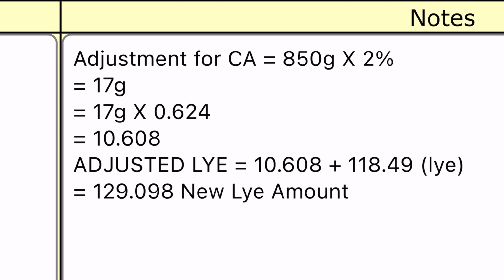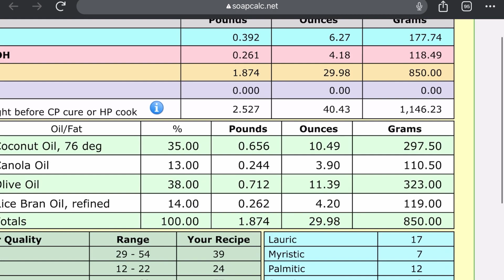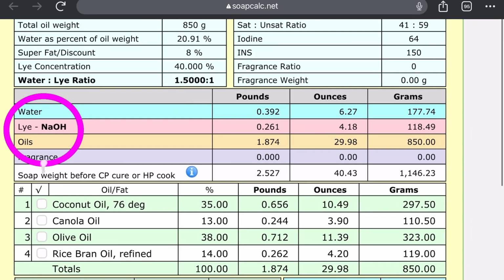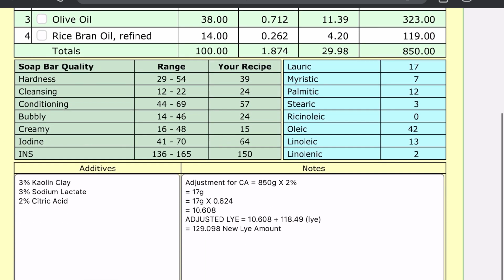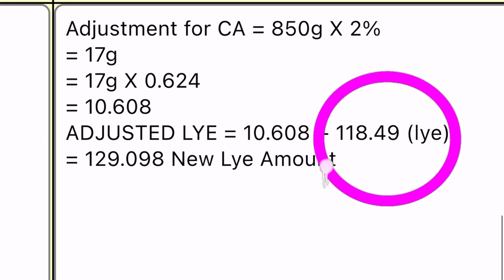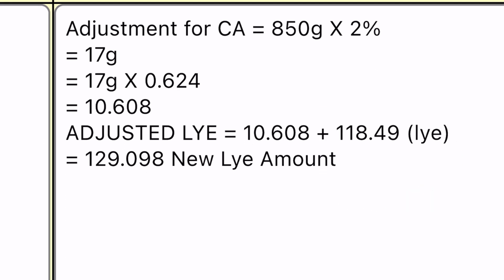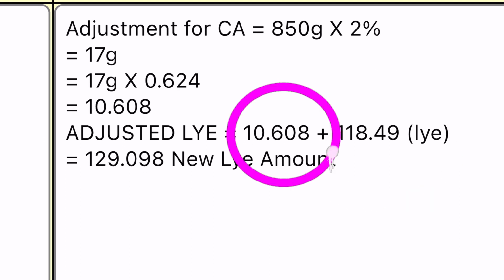The new adjusted amount is 10.608 plus 118.49. Looking up here, the pink row is our lye, so we got 118 for our lye, and we have to add in roughly 10 grams more.